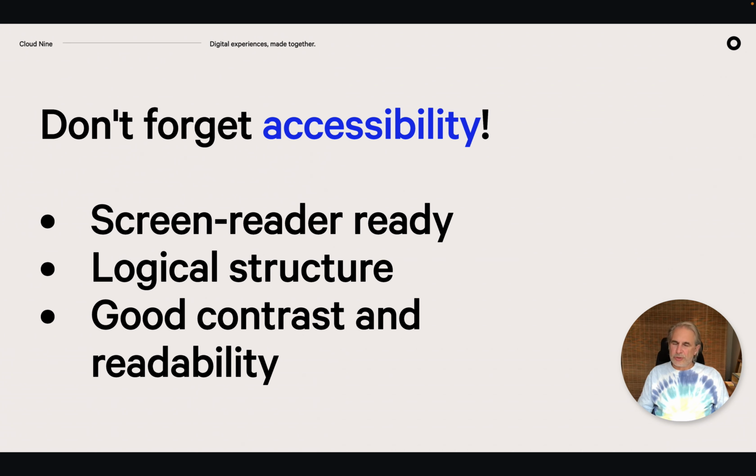Well, for instance, you should be able to navigate a product page and read what it says with a screen reader. And what does that actually require? Well, it requires that you have a good logical structure for your information, for the whole website, for the navigation and search, etc., but also for the actual product page. And don't forget that contrast and readability of information on a product page is super important when you're talking about accessibility.